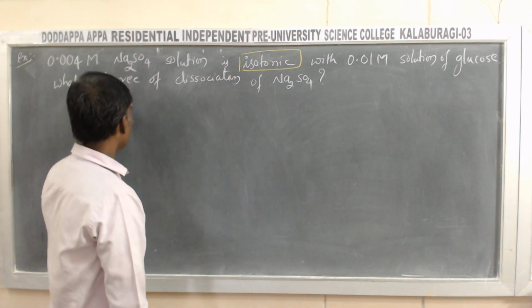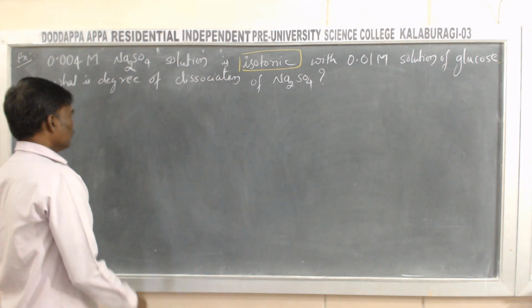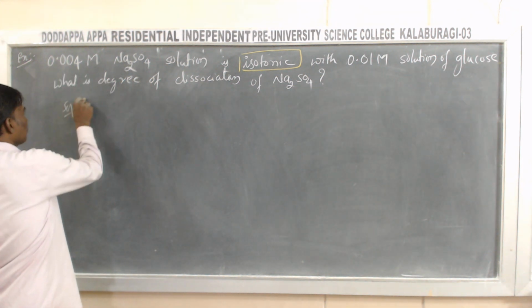So here we have to calculate the alpha of Na2SO4. So first let me write the given data.